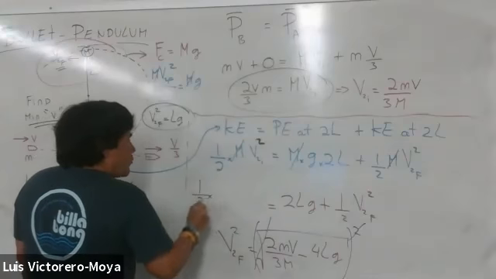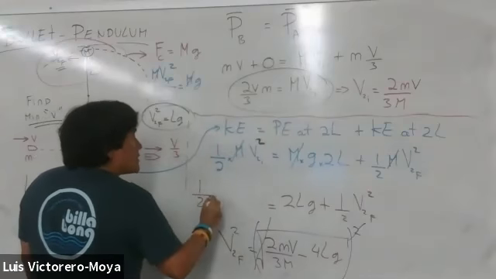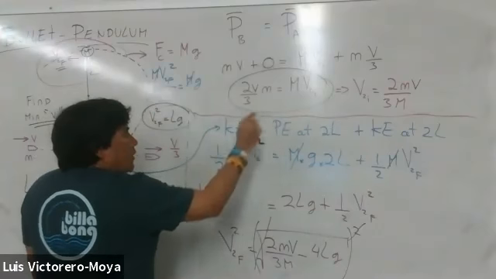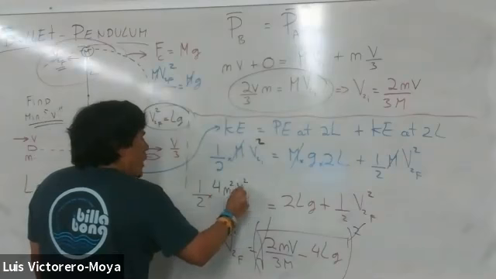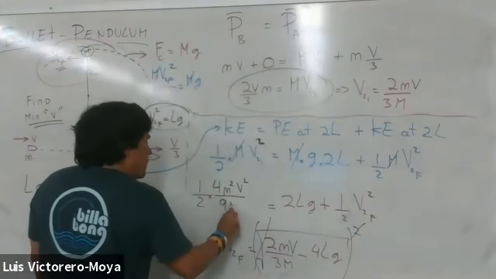1/2 of the mass cancel, V2 initial square was 4m squared V squared divided by 9m squared.